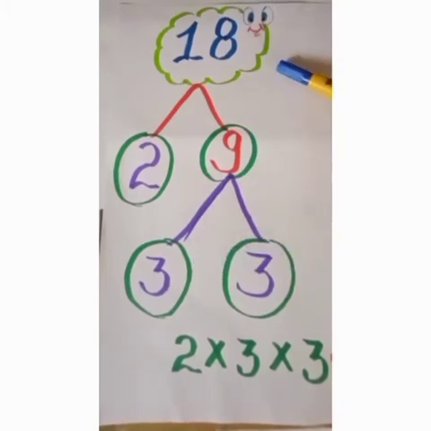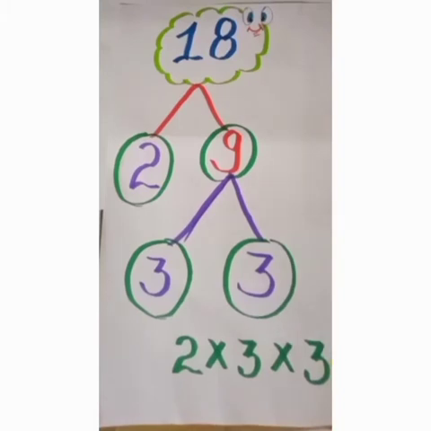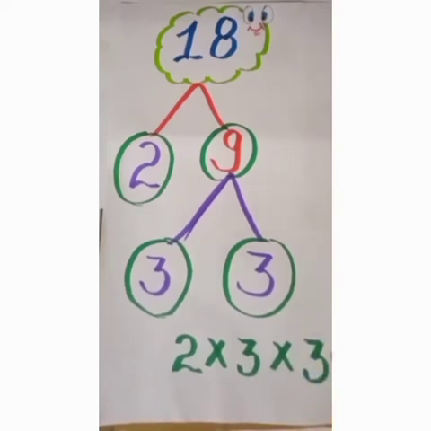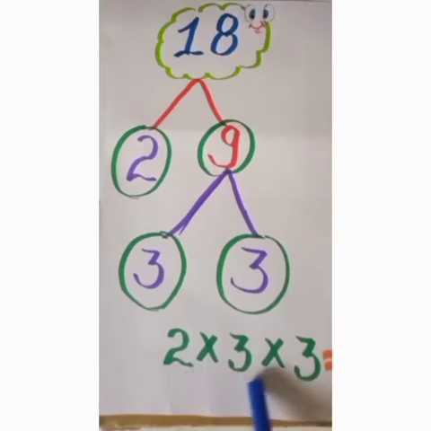Now number 18 got the three prime numbers 2, 3, 3. The product of these three numbers will be number 18. So 18 is very happy that it got prime numbers as its small parts.